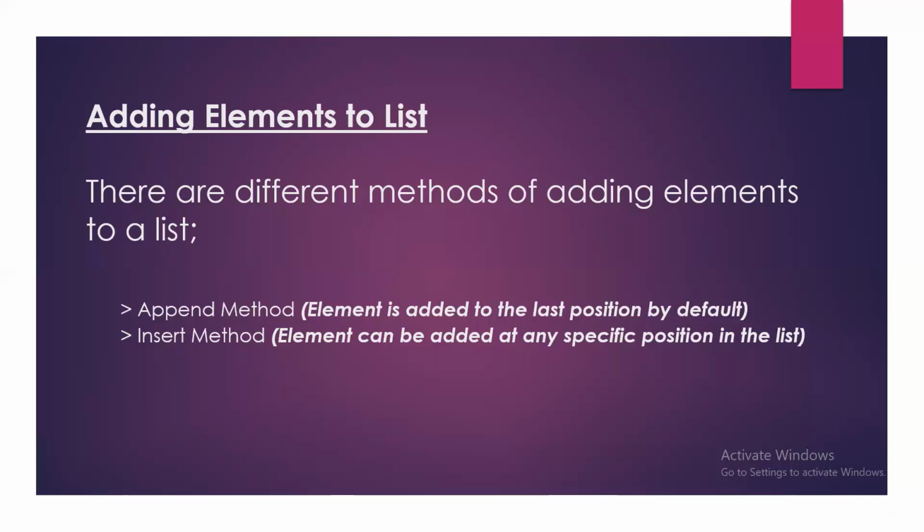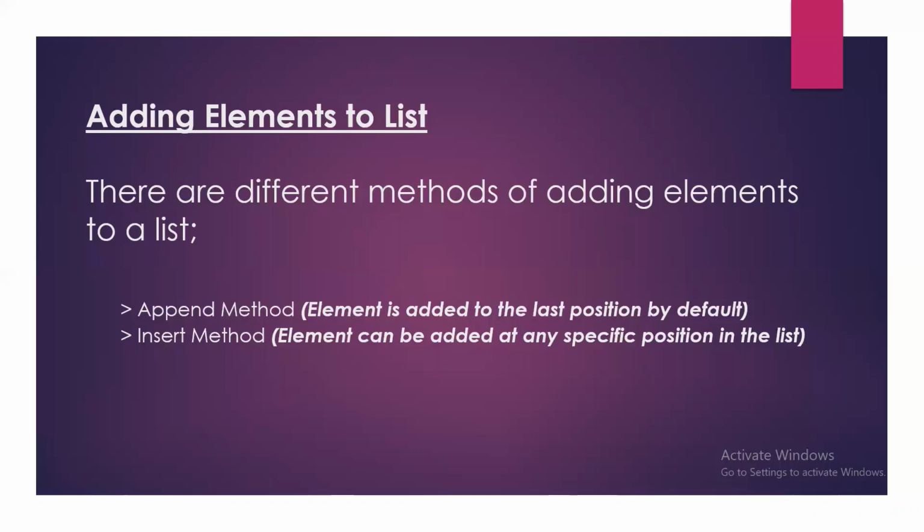Another method to add an element to a list is the insert method. In this case, we can add an element by specifying its position in the list. That is, we can place a new element in any position in a list by specifying that specific index number.